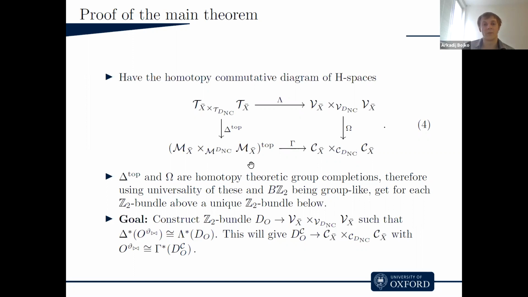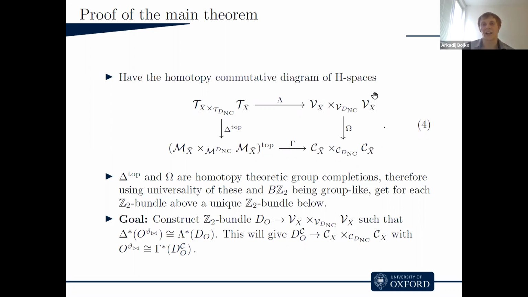And because BZ2 is a group-like H space, if I manage to prove that Z2 bundles, which are pullbacks of Z2 bundles here, are isomorphic in these topological spaces, by this universality property that I mentioned, and the fact that BZ2 is a group-like H space, I obtain that the Z2 bundles sitting here on the bottom are also naturally isomorphic.